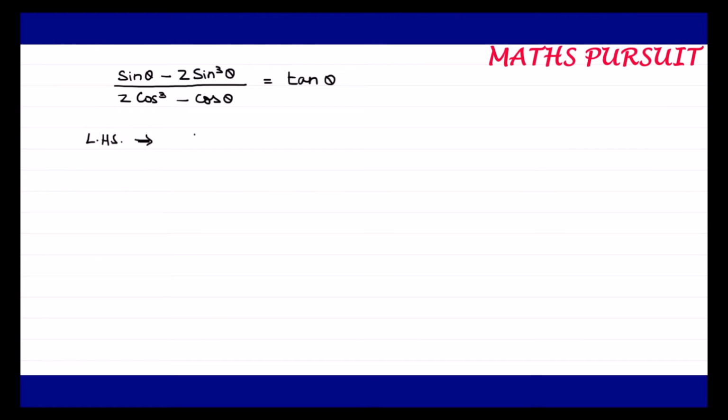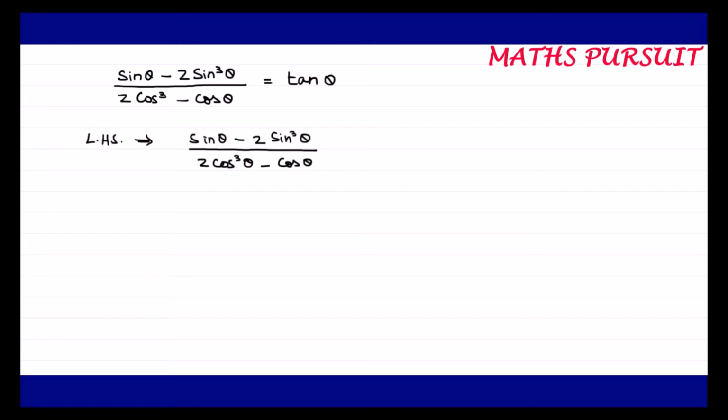Here the left hand side of the equation says sin theta minus 2 sin cube theta upon 2 cos cube theta minus cos theta. So this is what is being given in the left hand side of this equation. Now guys, how we will move, or what we will do, let us see.